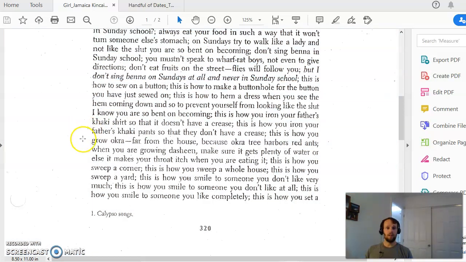Similarly, "this is how you grow okra far from the house, because okra tree harbors red ants." There are a couple moving parts in this image, the okra tree and the house and the ants, but you should notice that there are the ants in this example, and there are the fruit flies in the other example.